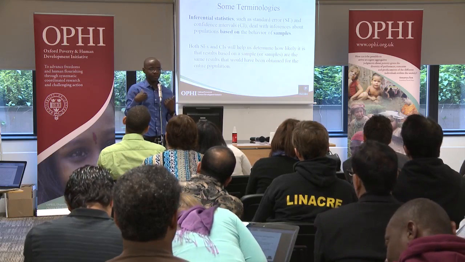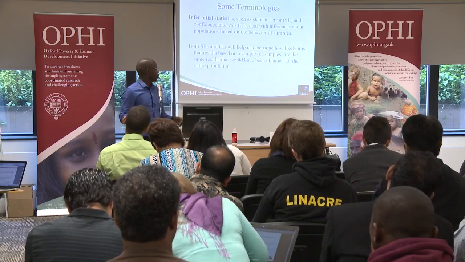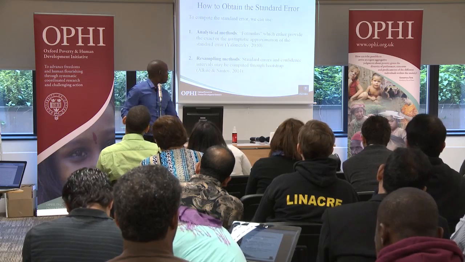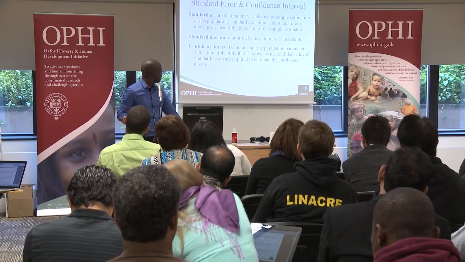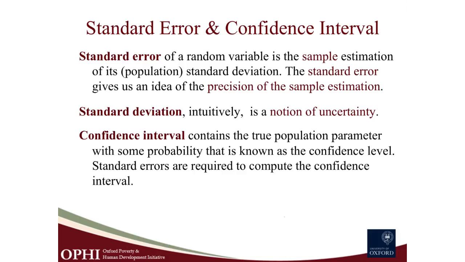So if you want to be confident, for example, at 95%, you compute a confidence interval that tells you in 95% of cases your actual value is inside this interval.